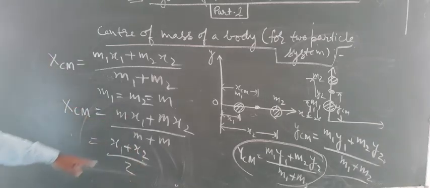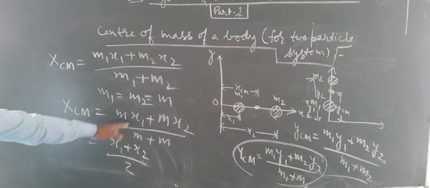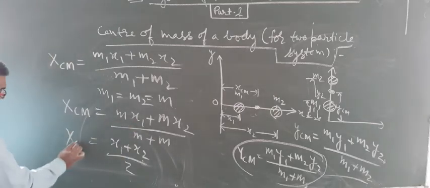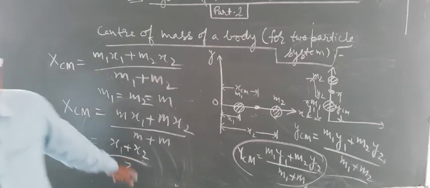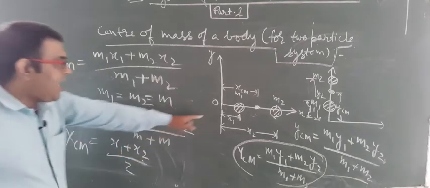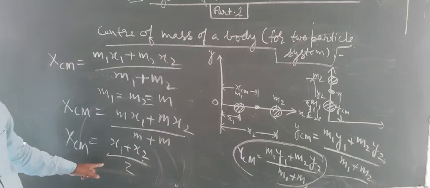m can be taken common, and the 2 cancels, and it will become x1 plus x2 divided by 2. Means the center of mass on the x-axis will lie in the middle, that is the mean of the two positions.